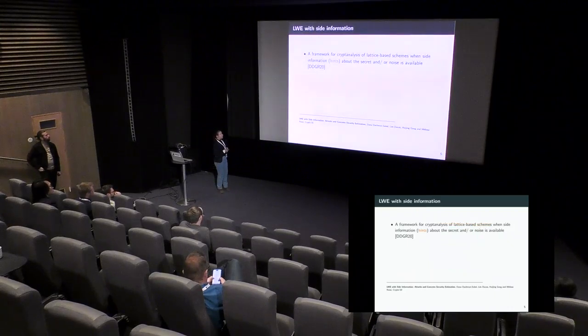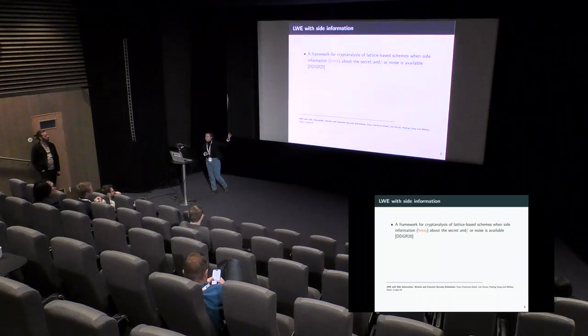And so to do this, we're going to use this LWE with side information framework, which was presented at Crypto 20 by Dana Dachman-Soled, Léo Ducas, Huijing Gong, and Mélissa Rossi. It is a framework for cryptanalysis of lattice-based schemes when side information about the secret and/or noise is available.